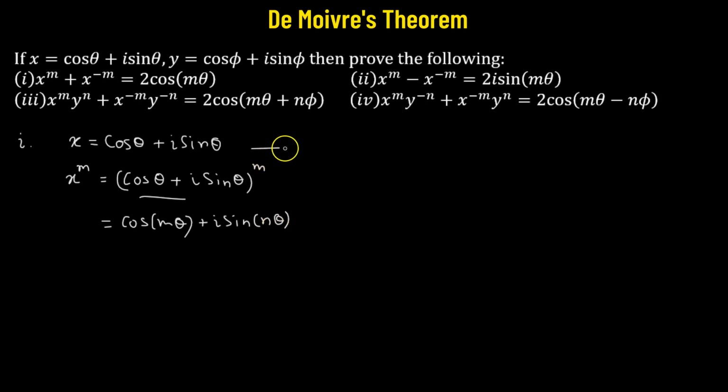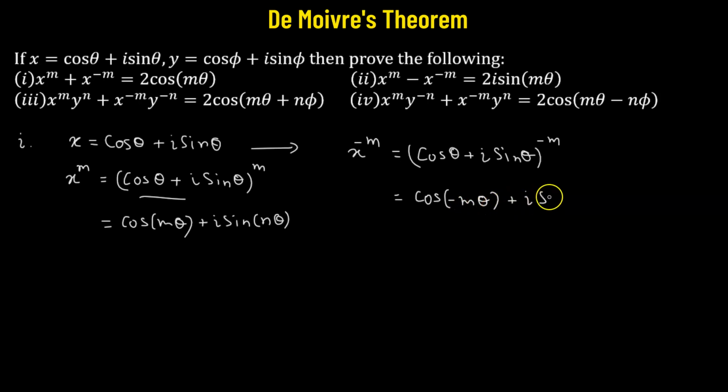Now we'll consider x and raise both sides to the power of negative m, such that we have cosine of theta plus iota times sine of theta whole raised to the power of negative m. So this means we will have cosine of negative m theta plus iota times sine of negative m theta.